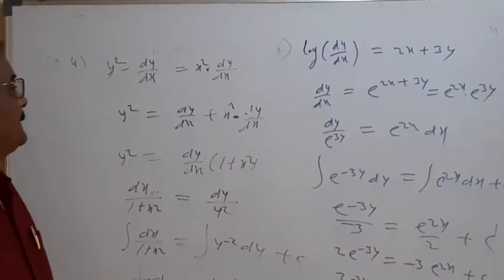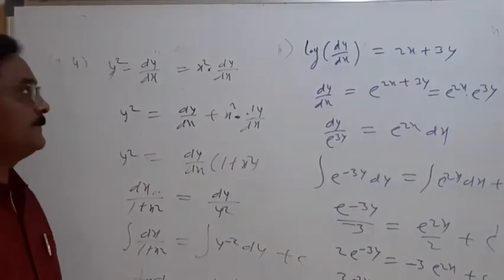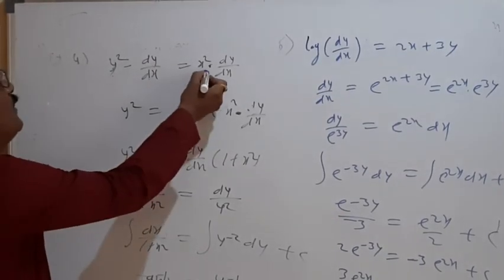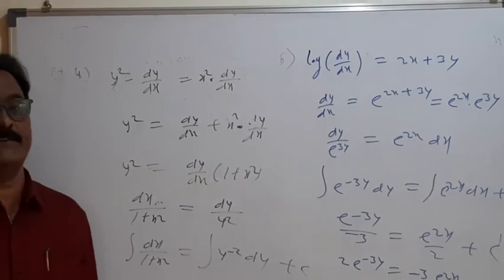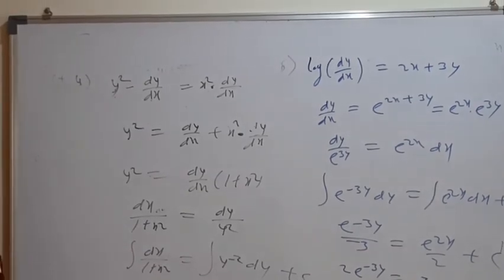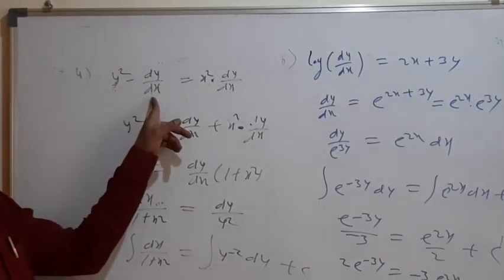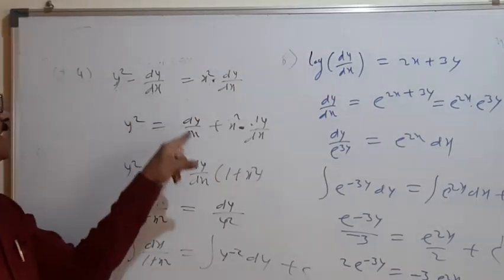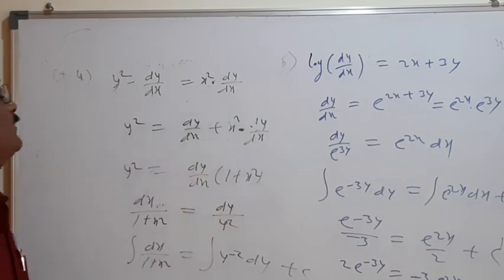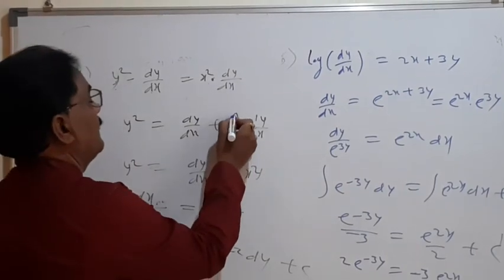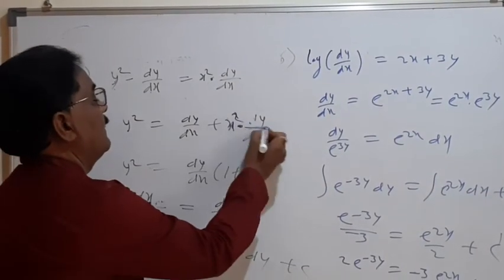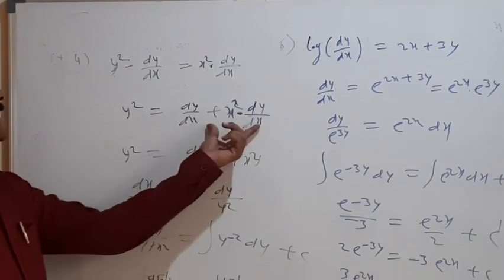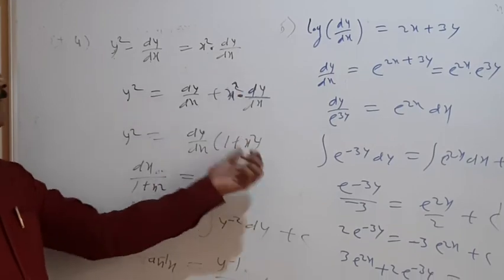So another example, solve the differential equation y square minus dy by dx is equal to x square into dy by dx. Here this dy by dx is transferred to the right hand side, then y square is equal to dy by dx plus x square into dy by dx. Here dy by dx will be common, in bracket remaining 1 plus x square.